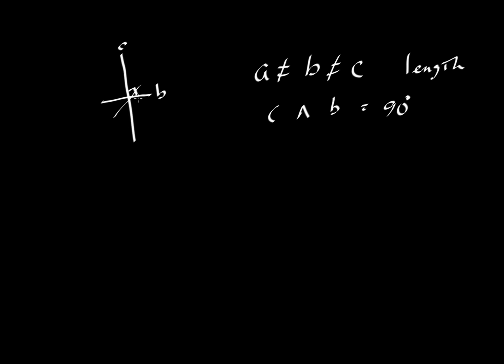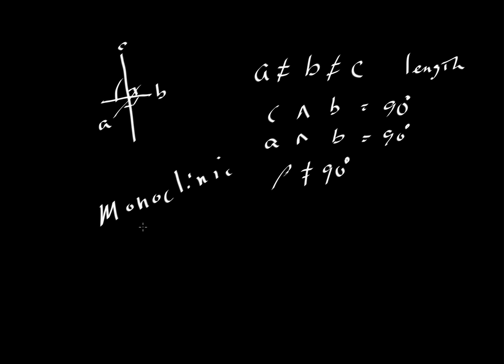And let's say that B and A angle B are also at 90 degrees. But then if we're looking at the angle between C and A, the missing notation would be B, so we'll call it beta. And so in this case, beta does not equal 90 degrees. So in that case, we would have monoclinic.